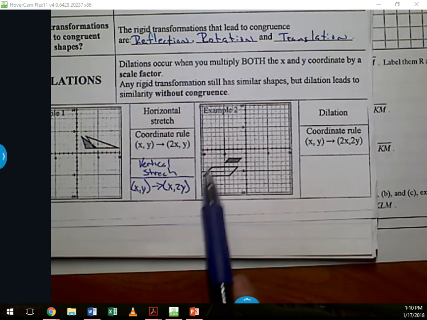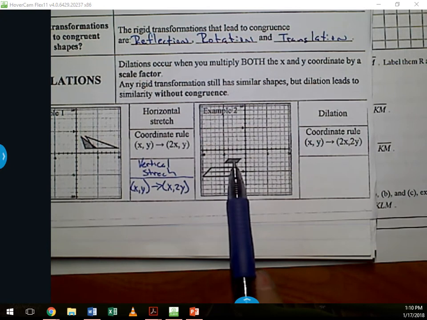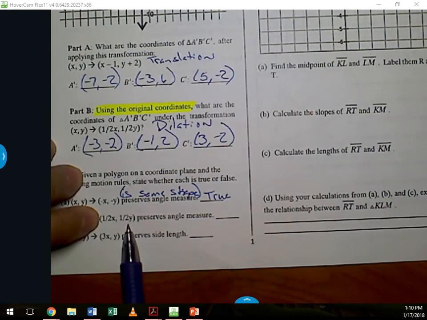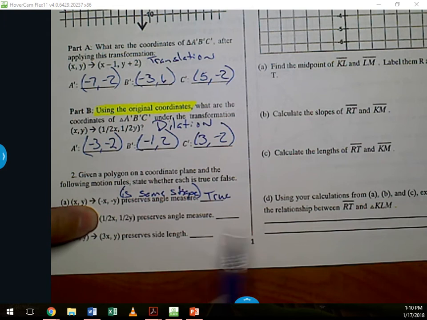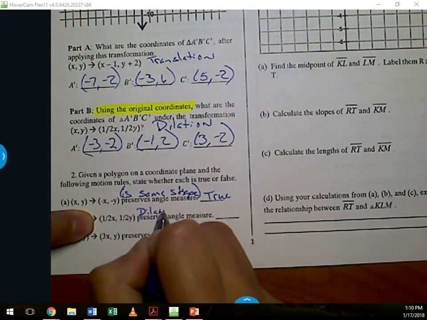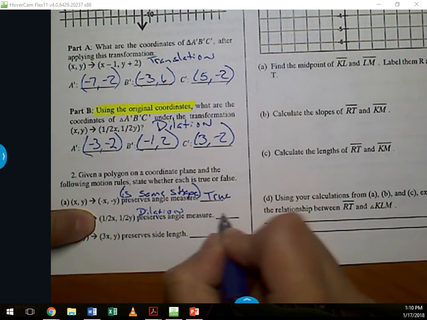So if I'm reducing it, is it the same shape? It's the same shape, but different sizes, right? So it is going to be the same shape. So this would be a dilation. Is it the same shape? Yes, so that's true.